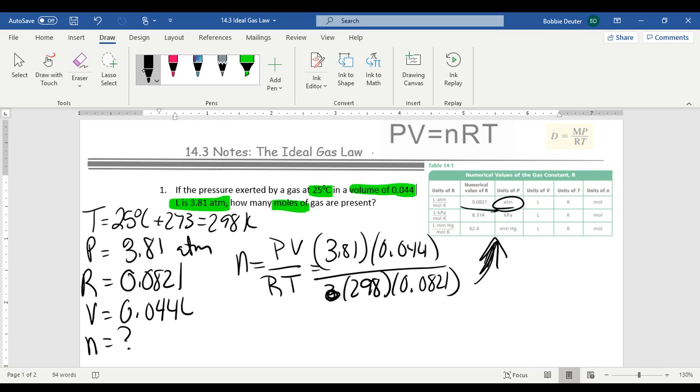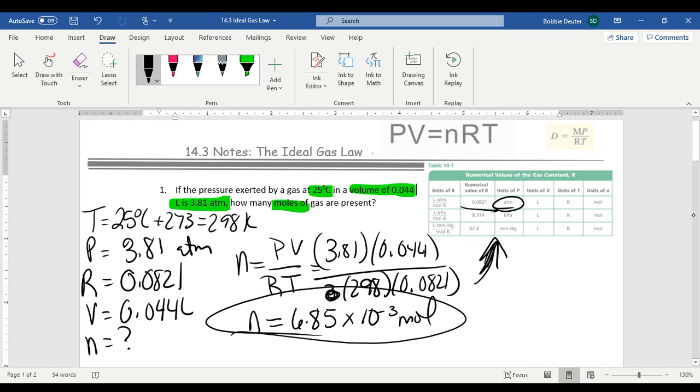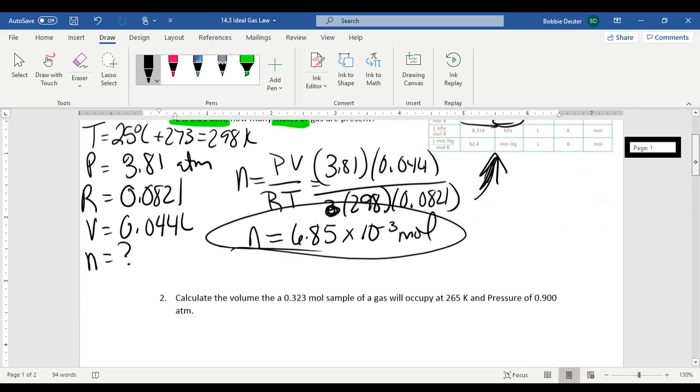Again, our R value comes from this table. Our moles in this case is going to be 6.85 times 10 to the negative 3 moles. Again, we don't need to know the type of gas we have. It's all relevant here.